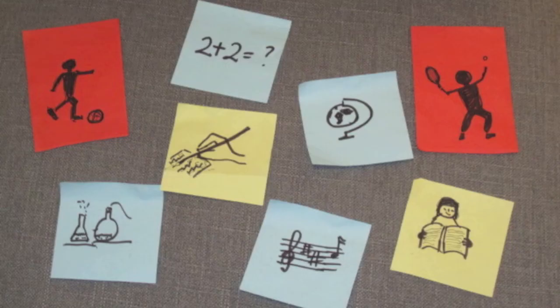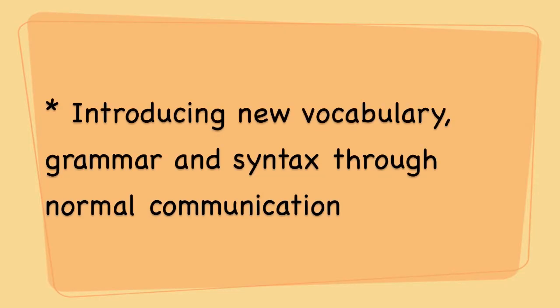It doesn't matter how basic these are as long as they convey the meaning clearly. By expanding learners' vocabulary here, we are responding to that first stage of the plan. Introducing new vocabulary, grammar and syntax through normal communication.